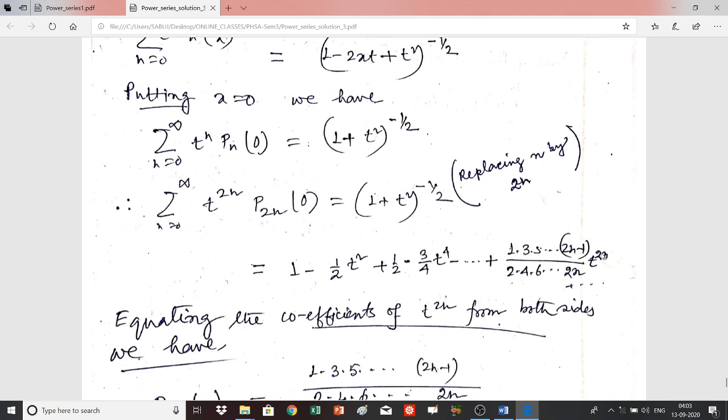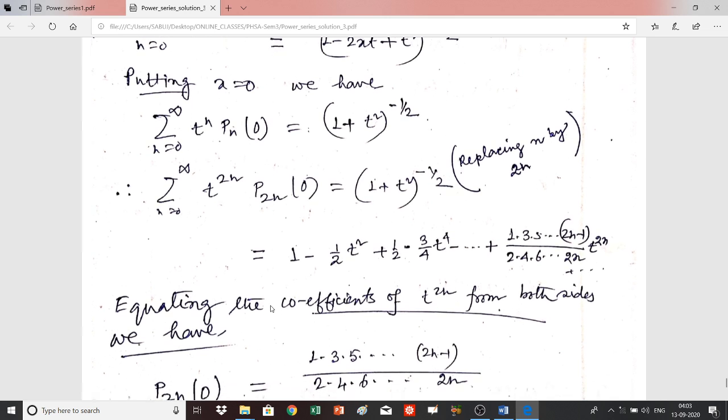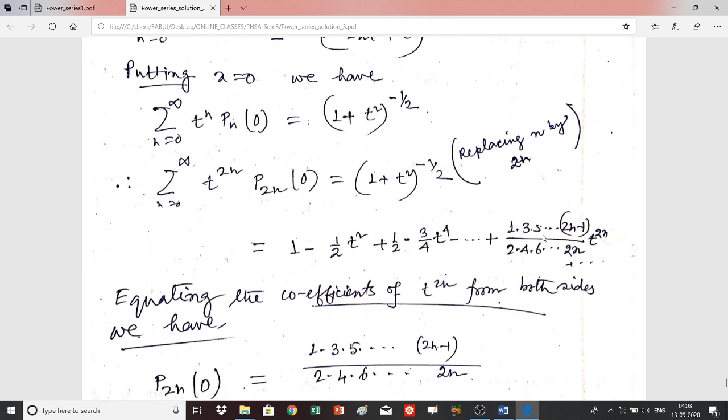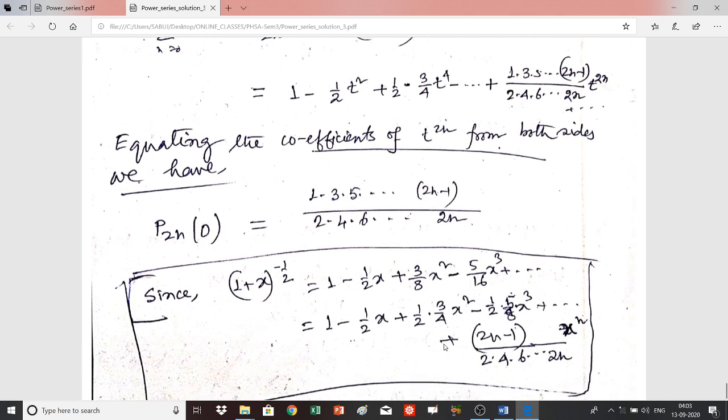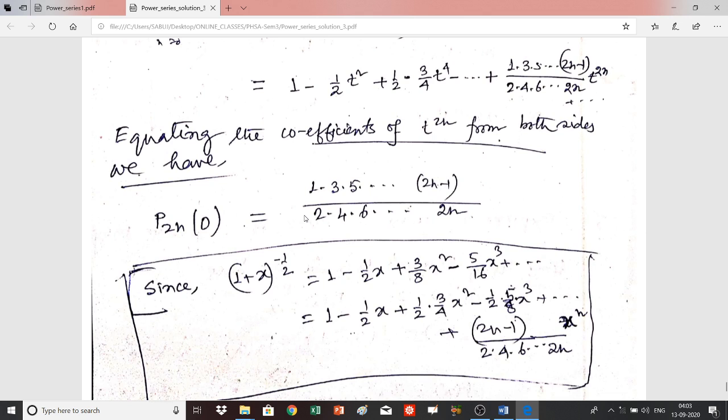So the last term will be this. Now just equate the coefficient of t to the 2n from both sides. You will have P2n here. From here the coefficient of t to the 2n is P2n of 0, that is equal to 1, 3, 5, etc., the last term 2n minus 1, over 2, 4, 6, the last term 2n. So it is written here.